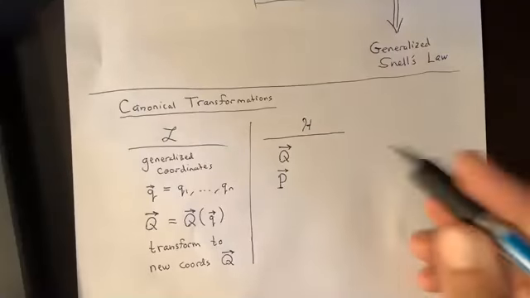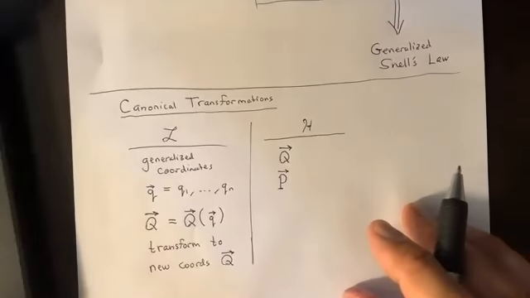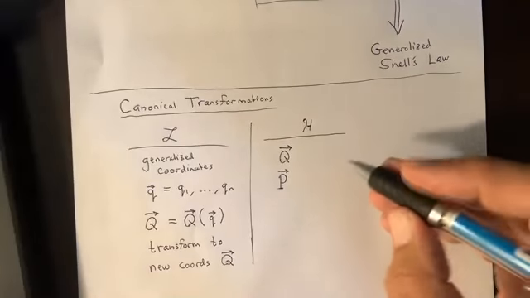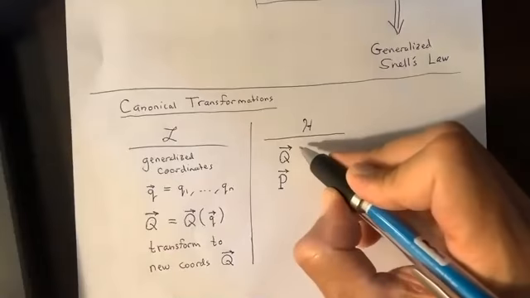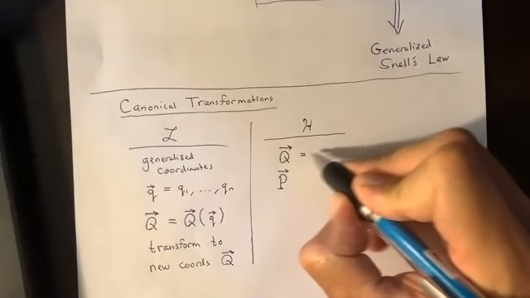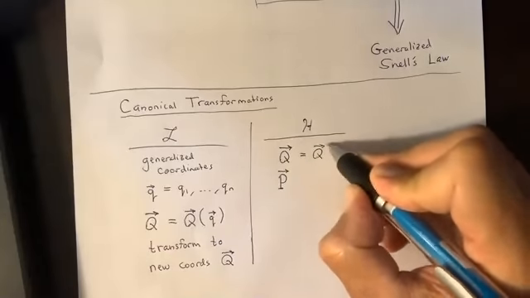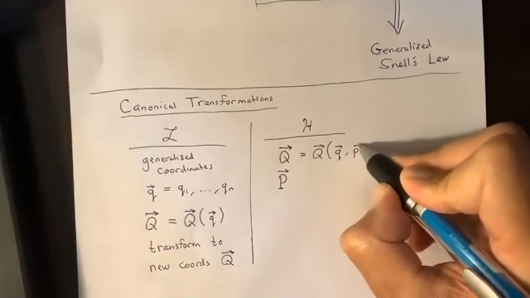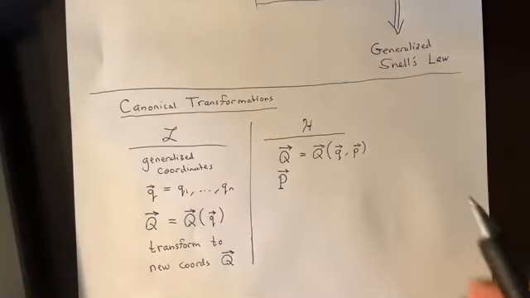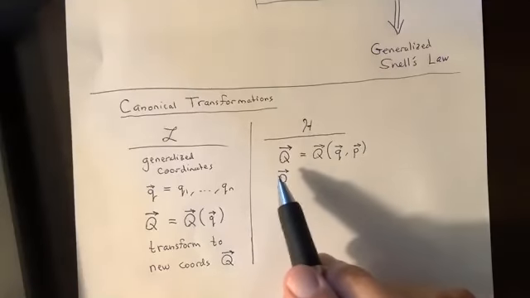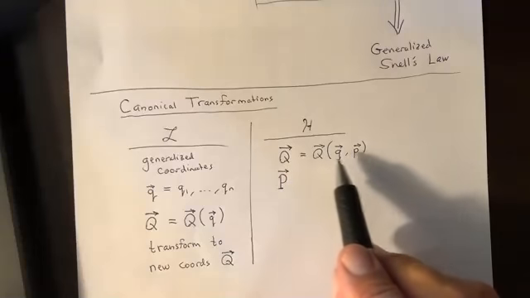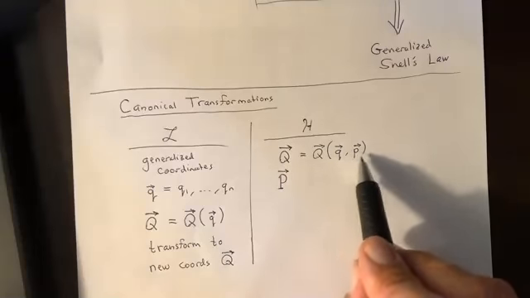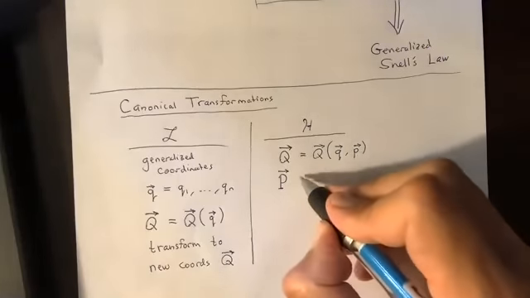All right, so here's the wonderful world of the Hamiltonian formulation, and you can define the capital Q's like this. We're going to be interested in the definition of these new capital Q's, and they are allowed to be functions of the Q's and the P's.